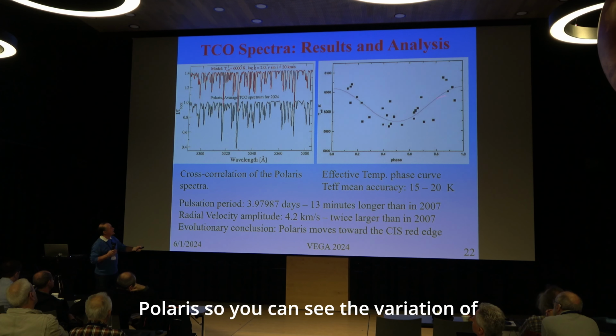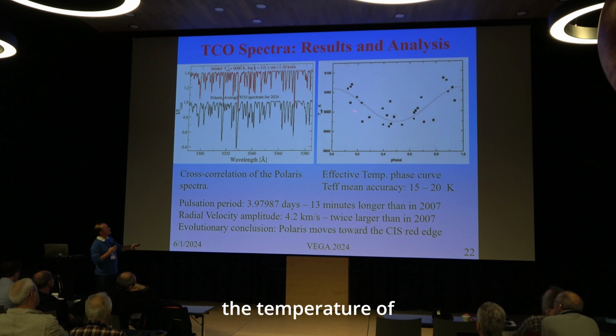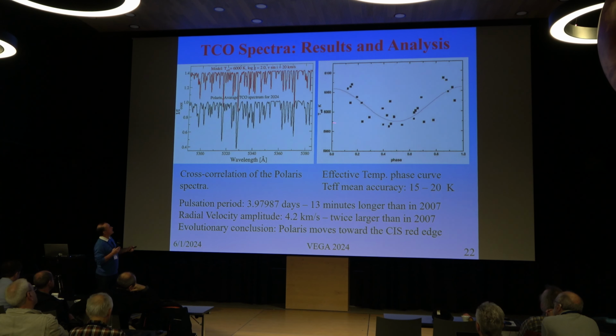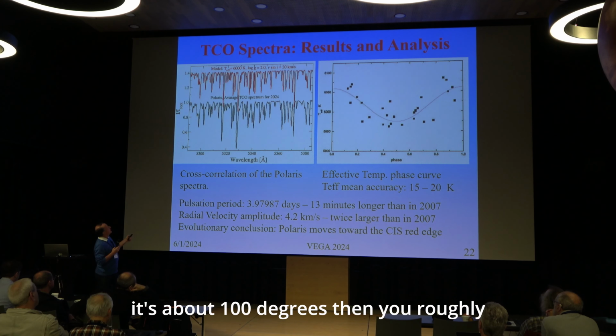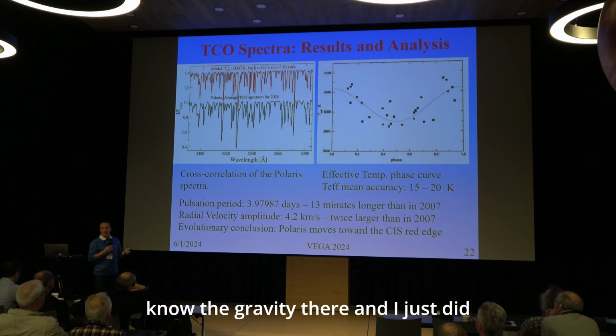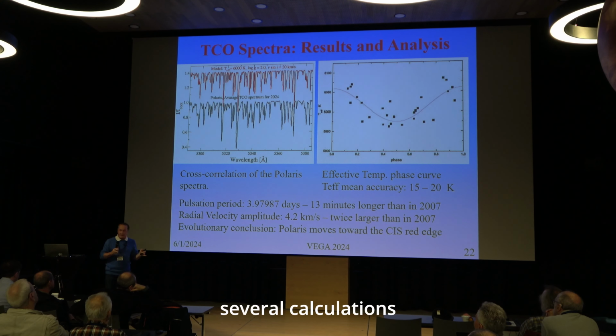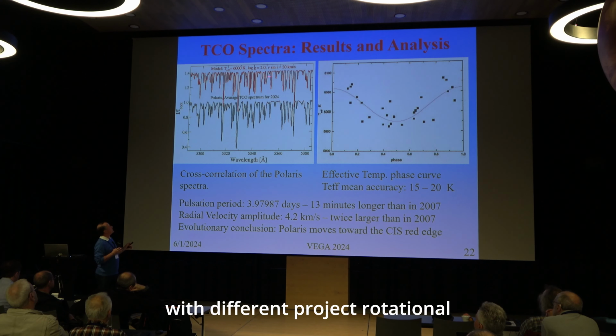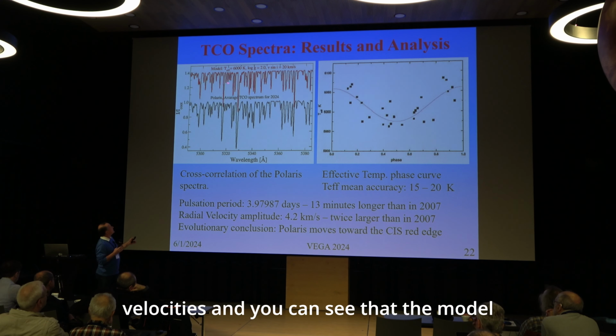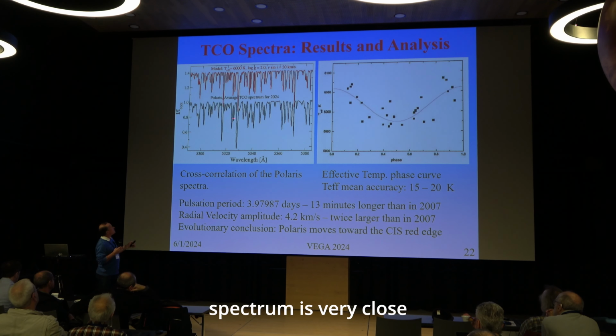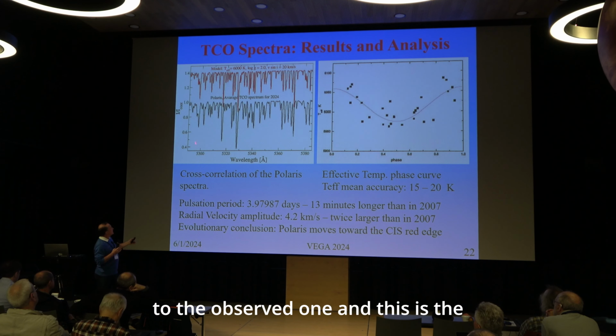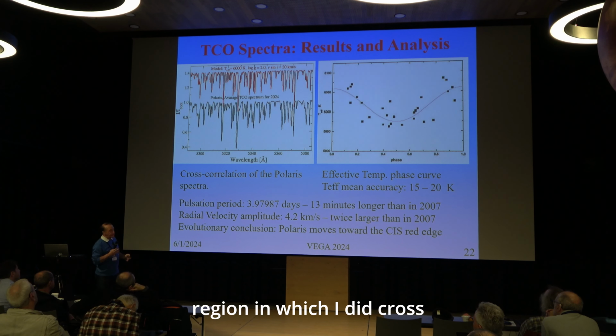You can see the variation of the temperature of Polaris over the pulsation cycle. It's about 100 degrees. Then we roughly know the gravity there, and I just did several calculations with different projected rotational velocities. You can see that the model spectrum is very close to the observed one, and this is the region in which I did cross-correlation.